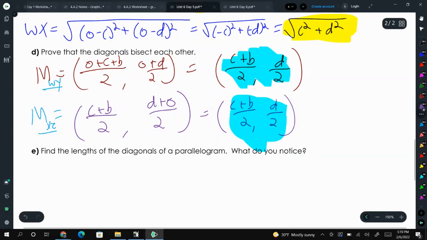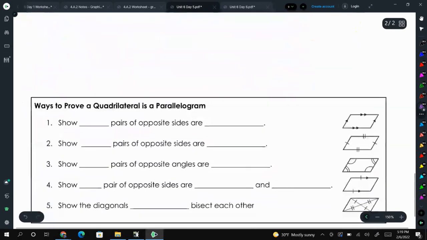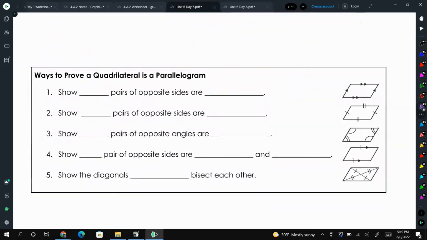We're going to skip finding the lengths of the diagonals. If you were to do that, you would see that the diagonals are not the same length. So a couple ways that you could prove that something is a parallelogram, and you don't have to do all of these. You could just do one of these, and it would be good enough.